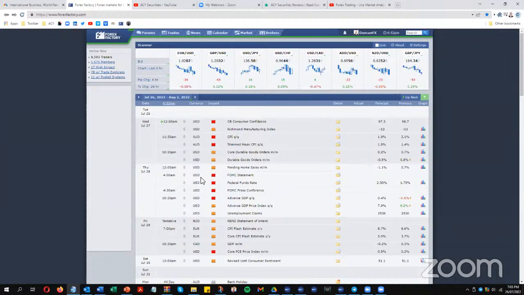So you just need to be aware of the news item coming out, the interest rate decision, at 4 a.m. Queensland and New South Wales time on Thursday morning. We've got potentially a 75 basis point rise on the US interest rates, but we'll have to wait and see. At 4 o'clock in the morning we've got the statement, and then at 4:30 we've got the press conference. So it'll be volatile, I'm sure.